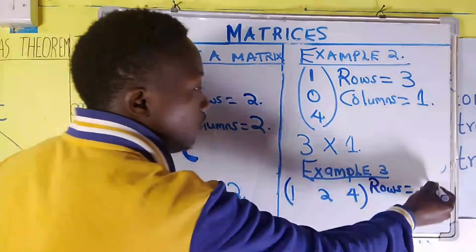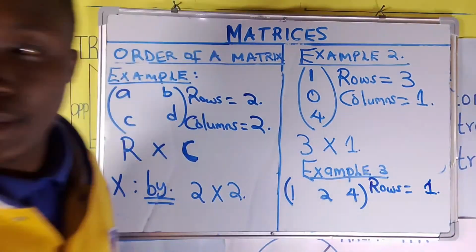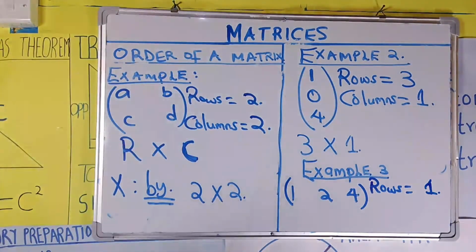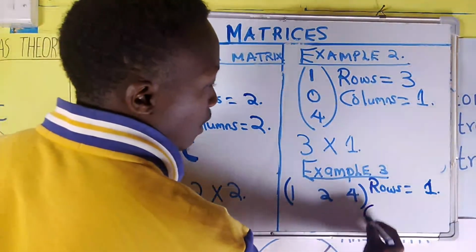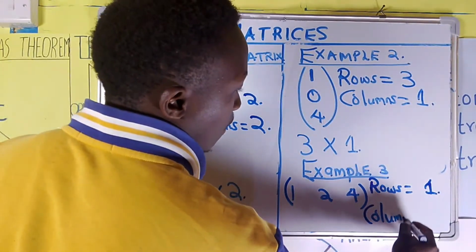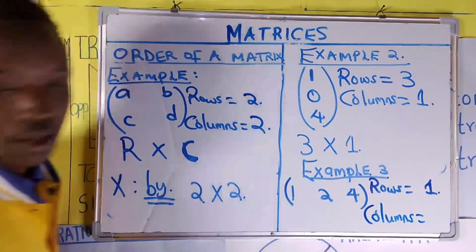So we have 1 row. Correct, Nelson. 1 row. How many columns?